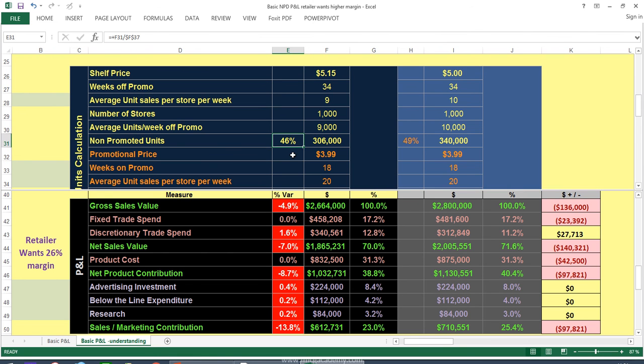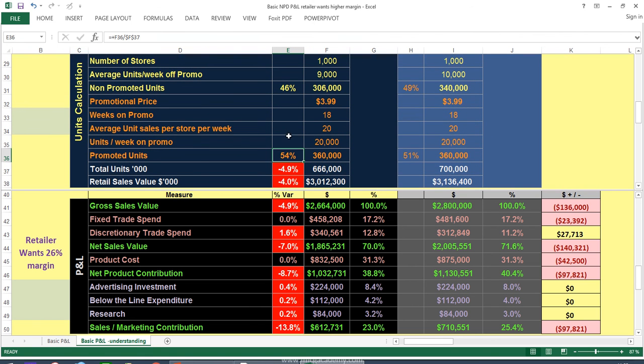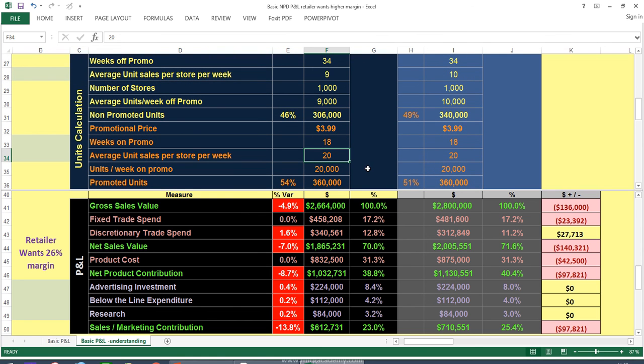Your percentage on promotion has slightly gone up because your base non-promoted units have declined. You might say, well, if I'm now discounting, I've dropped that to 9, maybe this goes up to 21 because it's a bigger benefit to the consumer or the shopper. Possible, unlikely though, but again depends on so many other variables and the segment and the market. But again, you're still back there at $632,000, 10% down from where you originally started.